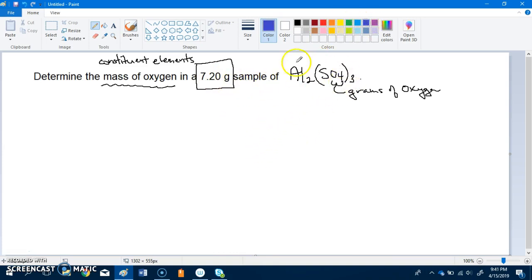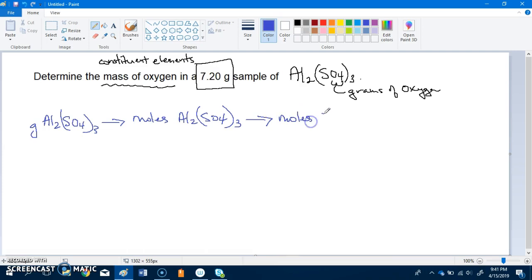When we're doing this type of question, it's great to map out the conversions that we're going to be doing. We're starting out with the mass of our aluminum sulfate, and from there we want to go to moles of aluminum sulfate. We're going to convert our mass of aluminum sulfate to moles of aluminum sulfate, so we're going to need to know the molar mass of that. And then from there we can do a conversion to moles of oxygen.